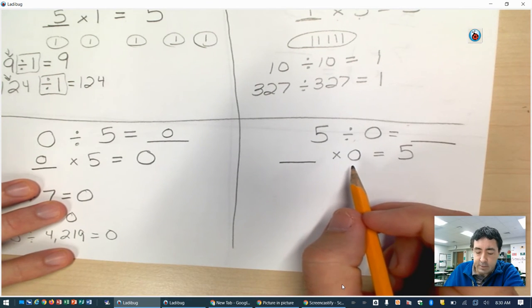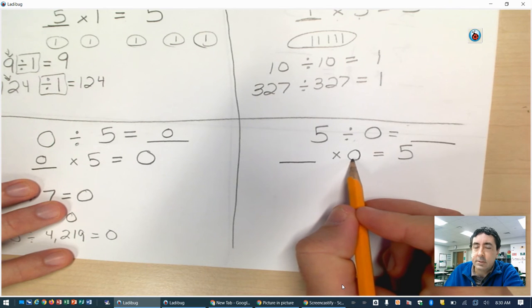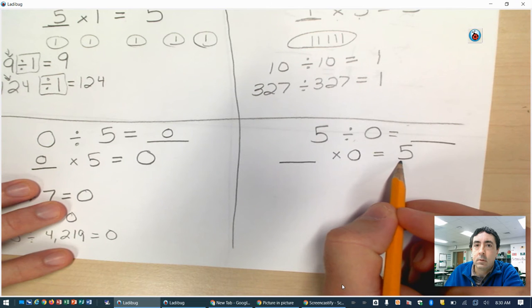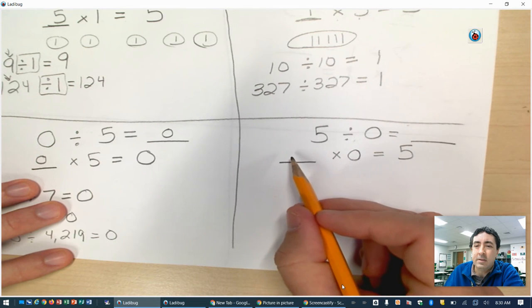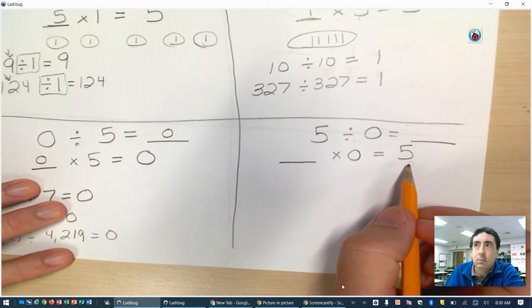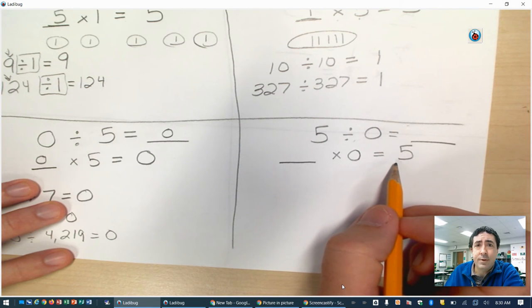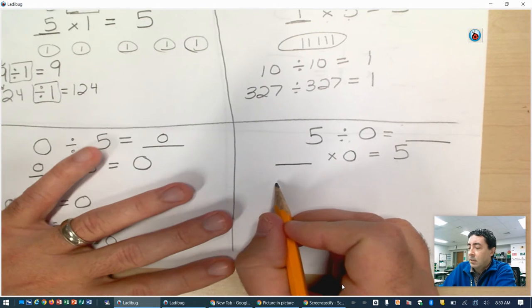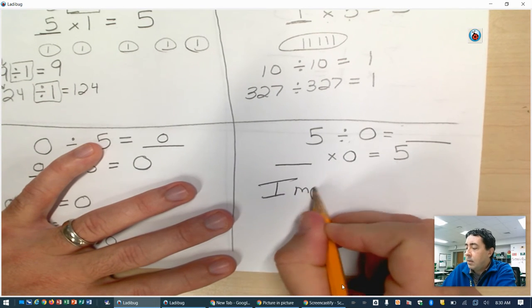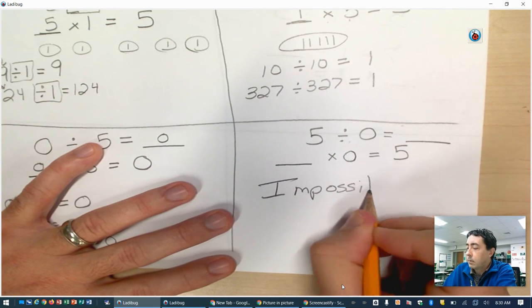Well, we know that if 0 is a factor, then the answer is always 0. Is 5 times 0 5? No. Is any number times 0 5? No. This is actually impossible.